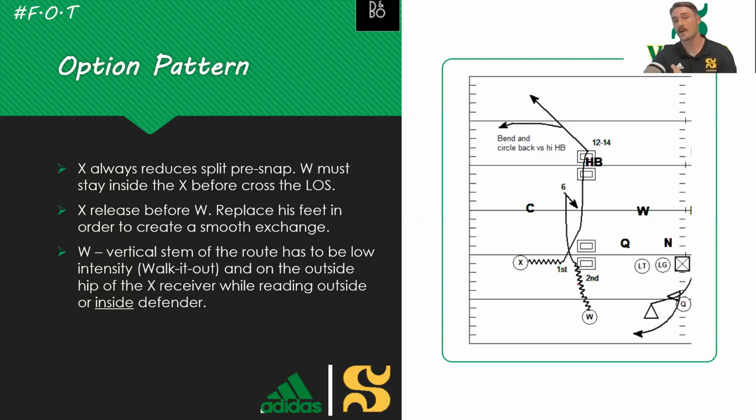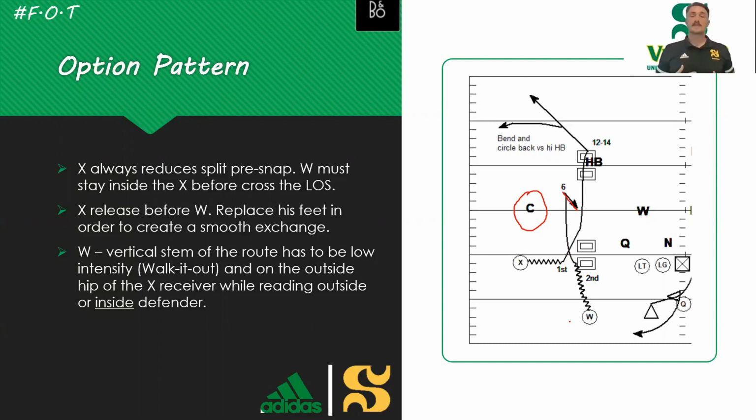Within this example right here, we're going to say that the cornerback was low. So as this receiver was performing his route, as he's performing his little walkout technique, he's going to look outside and he's going to recognize that the corner is playing low, okay? As he's playing low, he's going to curl back inside, okay?